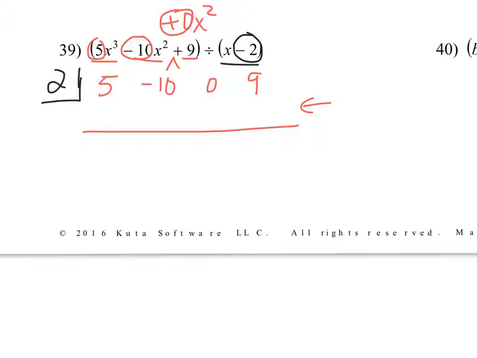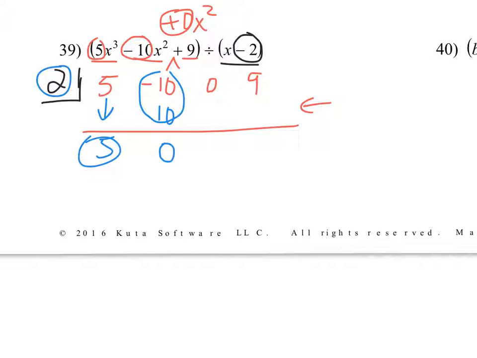First, once you have it set up, you carry down your first number, which is the coefficient on your highest exponent term. So I carry down 5. Now I take this 2 multiplied by 5, which is 10, and put it right above my line in the next column. Now I combine these two: negative 10 plus 10. This is a unique example, it doesn't happen a lot, but I get a 0.